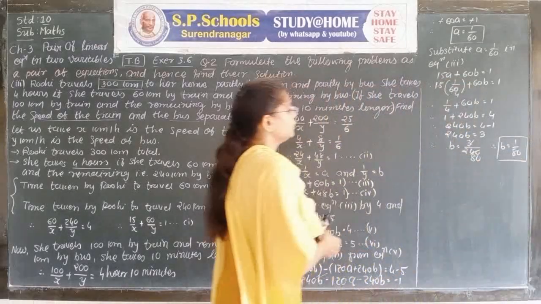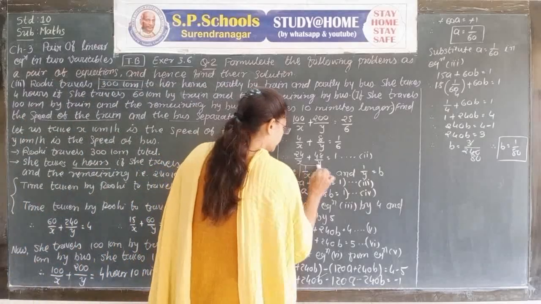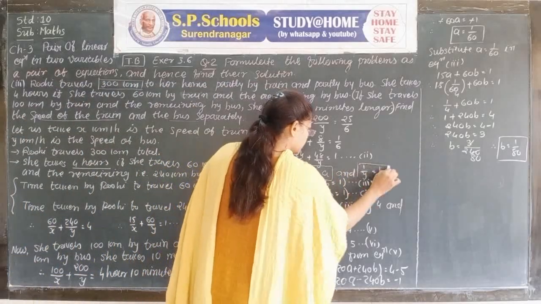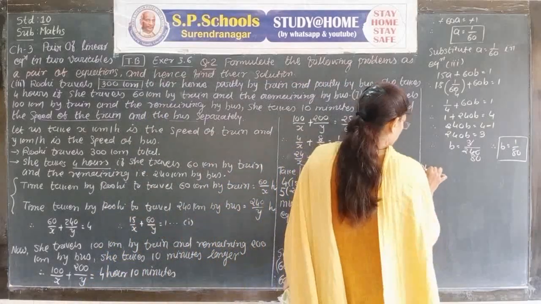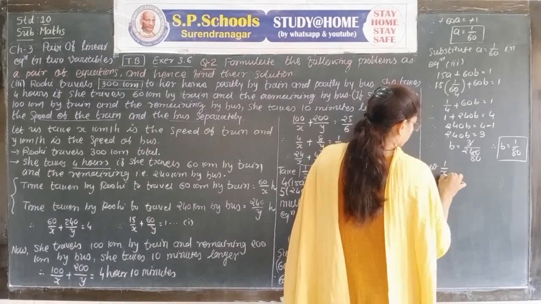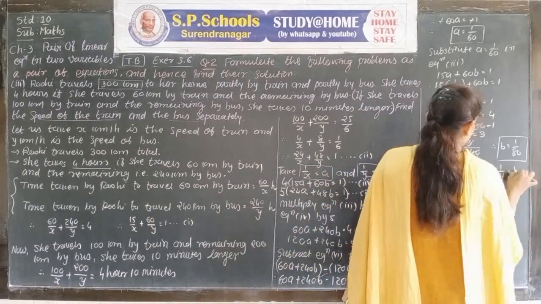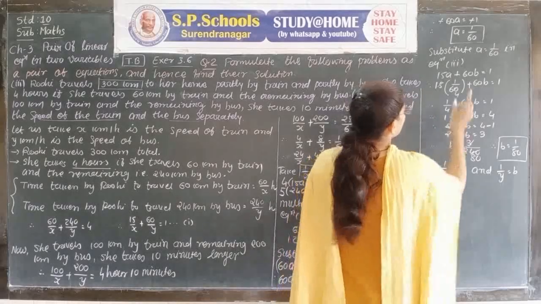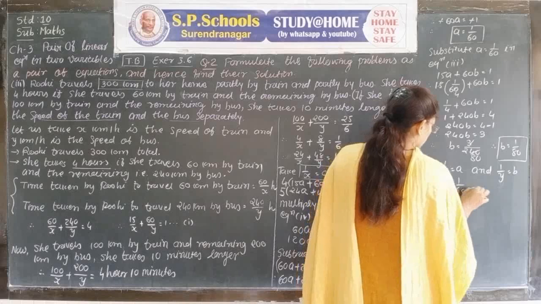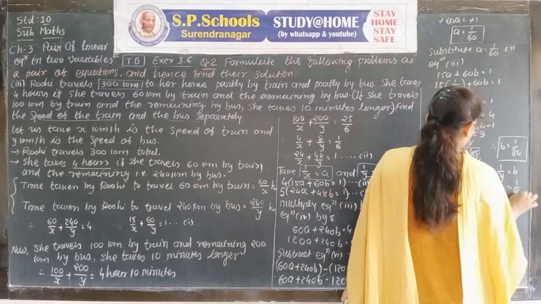These are the value of a and the value of b, not the value of x and y. To obtain the values of x and y, we use 1 upon x is equal to a and 1 upon y is equal to b. The value of a is 1 upon 60 and 1 upon y is equal to b, which is 1 upon 80.